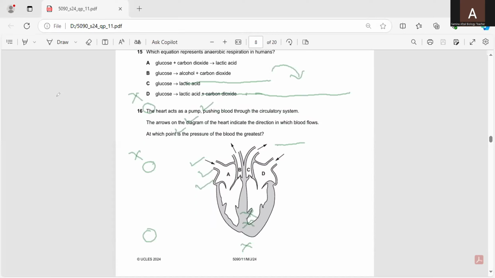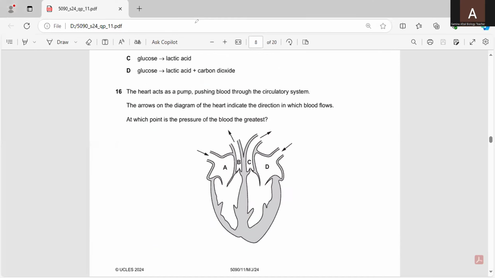Next, 16. The heart acts as a pump pushing blood through the circulatory system. The arrows on the diagram of the heart indicate the direction in which blood flows. At which point is the pressure of the blood the greatest? Blood comes through the vena cava and enters the right atrium.